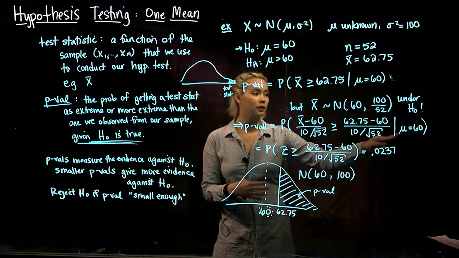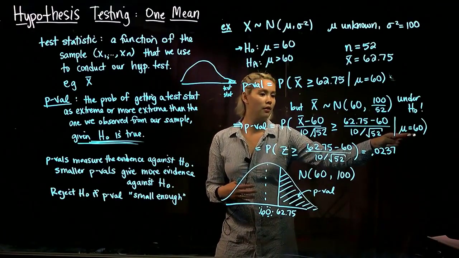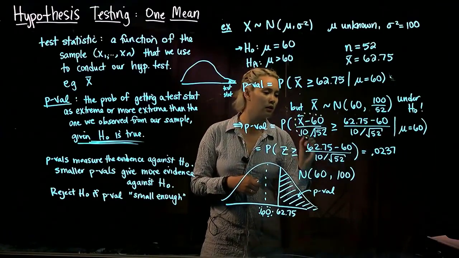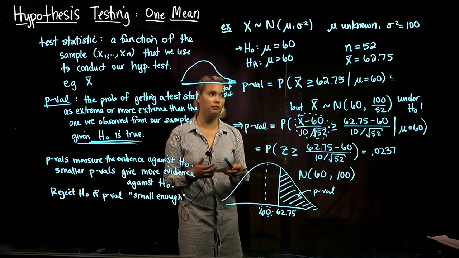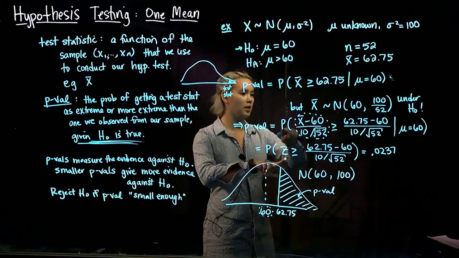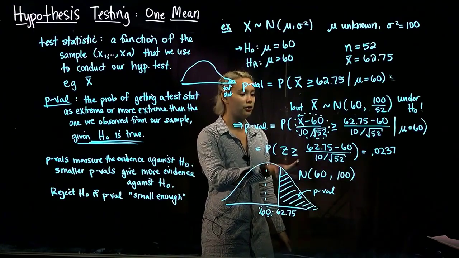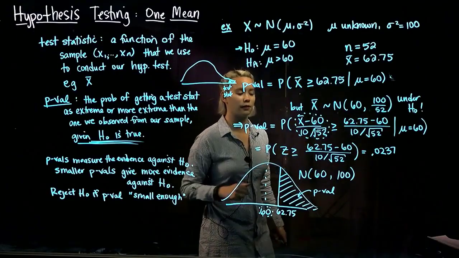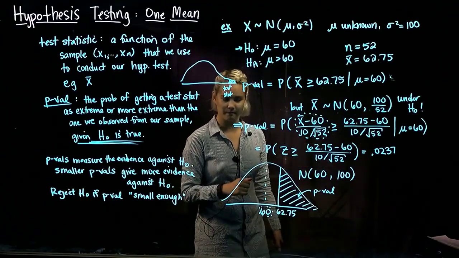Okay, so if we're working under the assumption that mu equals 60 is true, then we know that this is the same thing as a standard normal random variable. Okay, so if we denote our standard normal random variable by z, then this p-value is equal to the probability that a standard normal random variable is greater than or equal to this same quantity, 62.75 minus 60 over 10 divided by root 52.